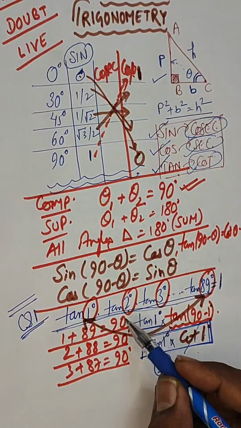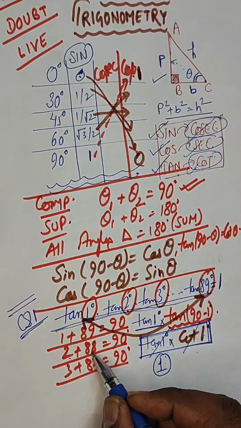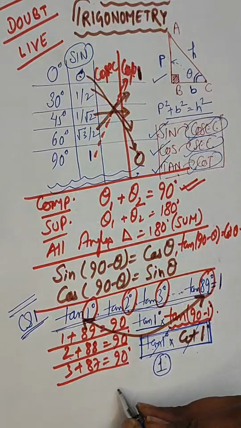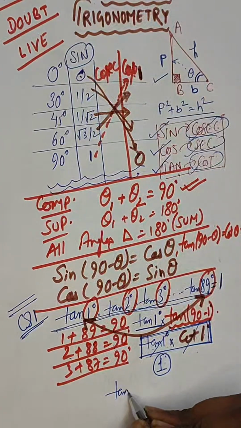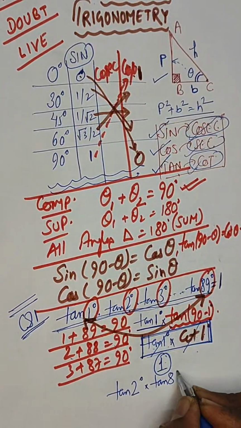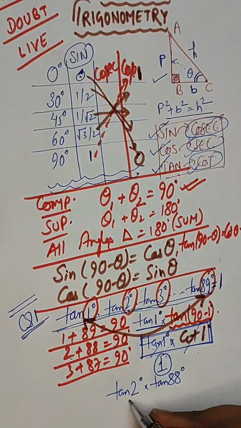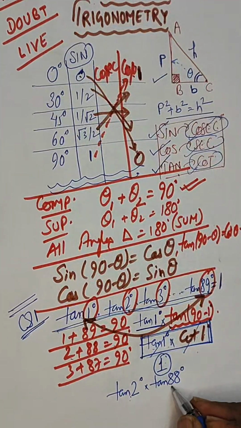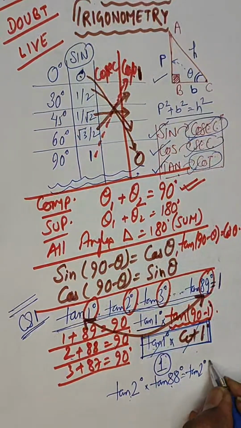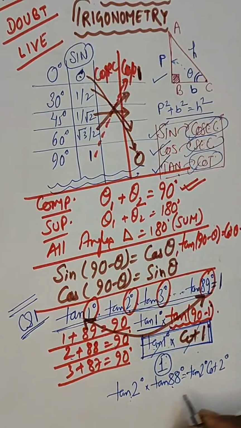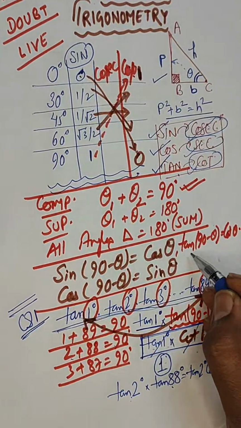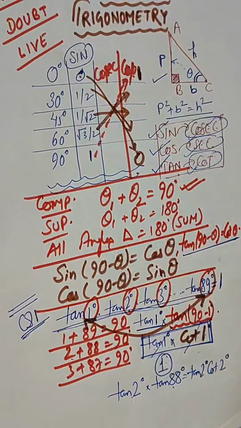Similarly, you can explain that tan 2 degree and tan 88 degree make a complementary angle. So you can show that tan 2 degree multiplied with tan of 88 degree will give you tan 2 degree and cot of 2 degree, as per the relation tan 90 minus theta is cot theta.